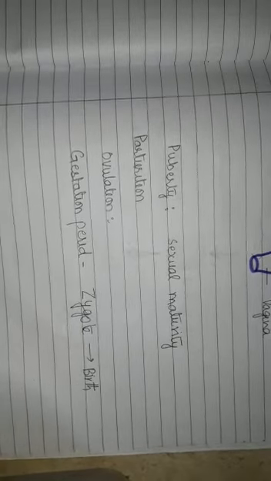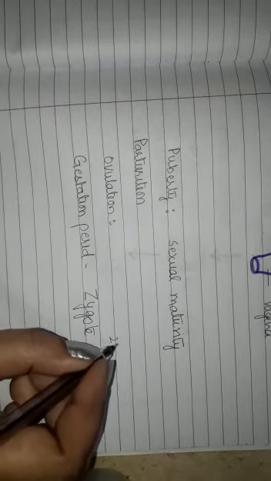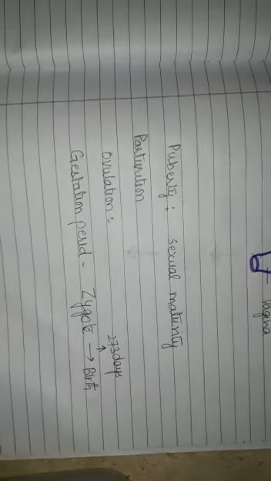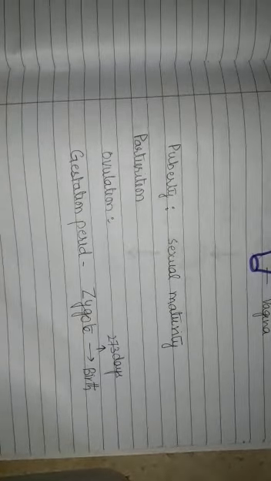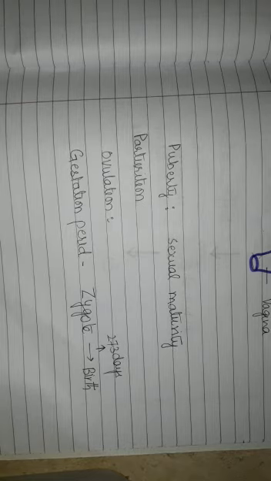This time period is approximately 273 days or 9 months in case of human beings. Next is parturition. Parturition is coming out of the fully developed young one from the mother's body, from the female's body at the end of gestation period.